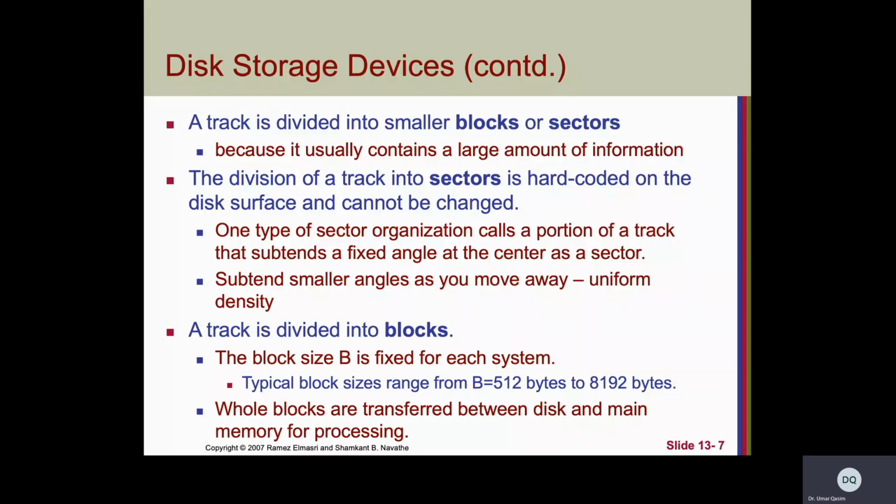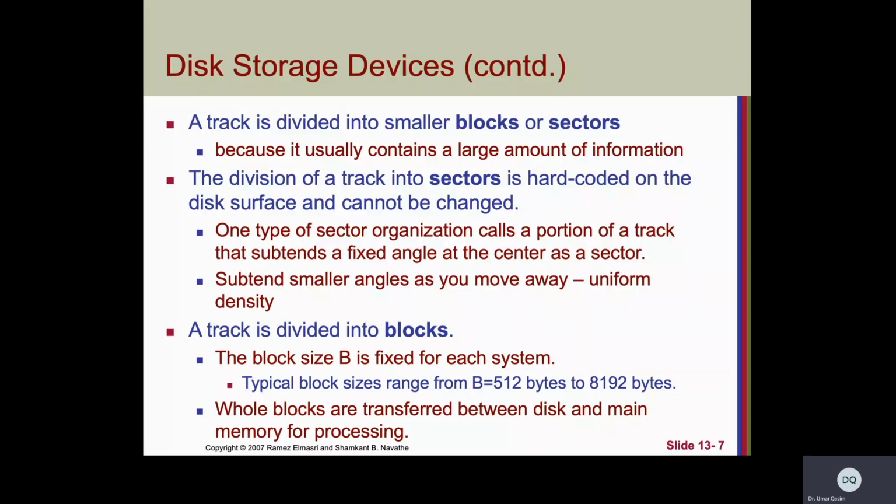So there are several types of sector organizations. One is a portion of a track that subtends a fixed angle at the center as a sector. Different manufacturers use different algorithms, different ways to do that.